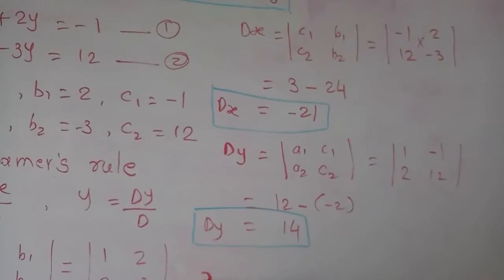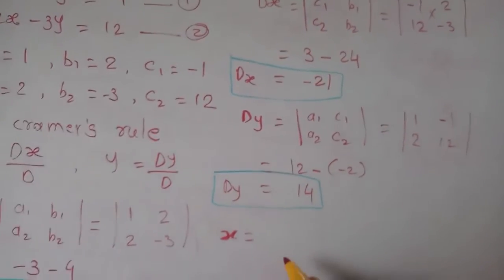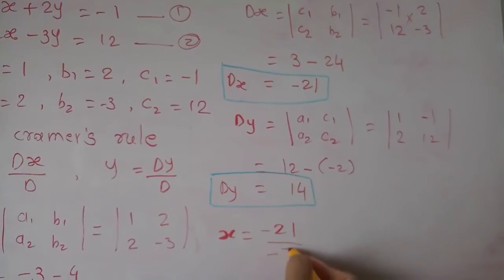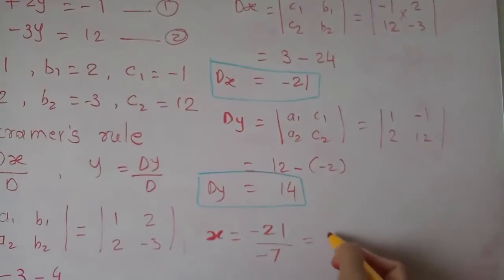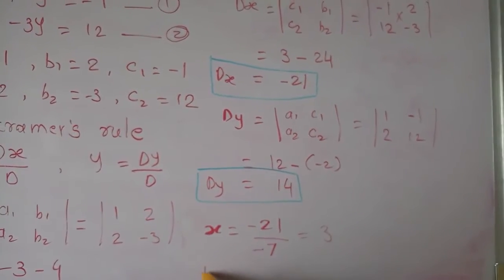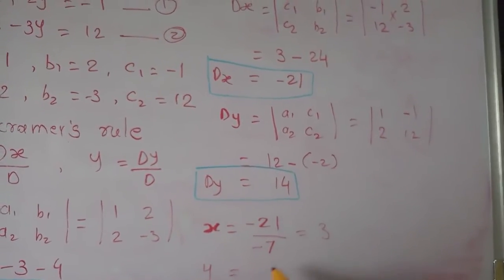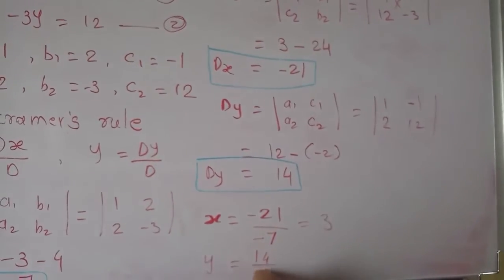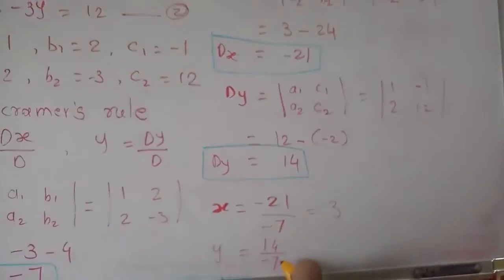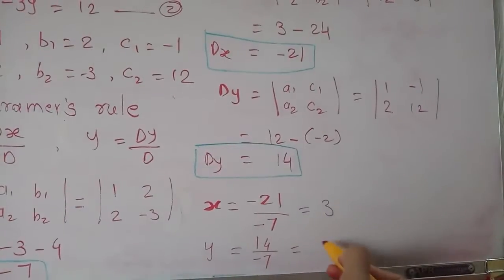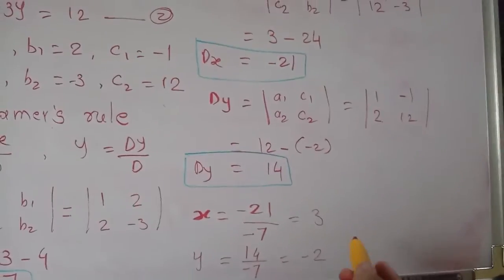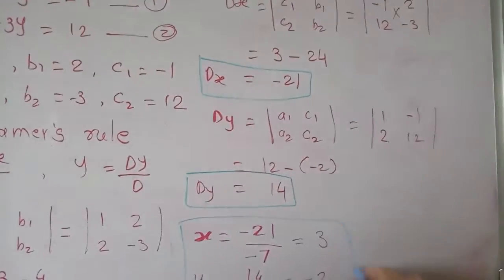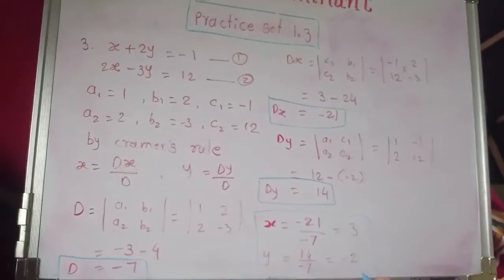So value of x is equals to dx upon d. So dx is minus 21 and d is minus 7. So value of x is equals to plus 3. And value of y is equals to 14 divided by minus 7 is equals to minus 2. So value of x is equals to 3 and value of y is equals to minus 2.